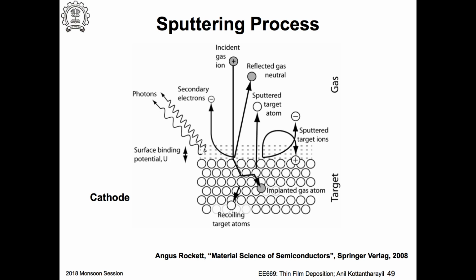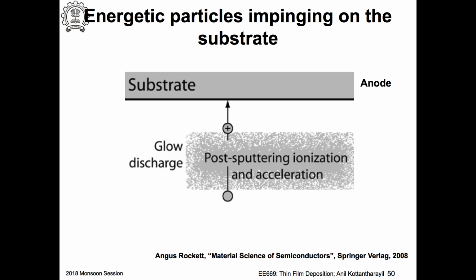And as they hit the target, a lot of things happen, and one of that is actually the ejection of the atoms, particles from the surface of the target. So on the substrate side, which is actually placed on the anode, you have a similar dark space and a voltage drop in the dark space, which will also accelerate the ions, right?